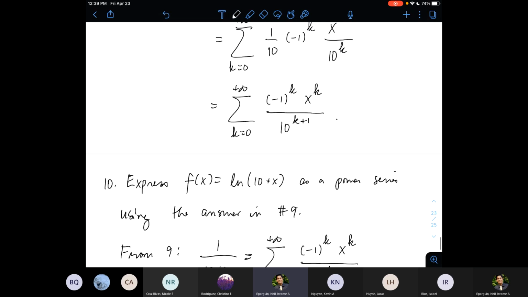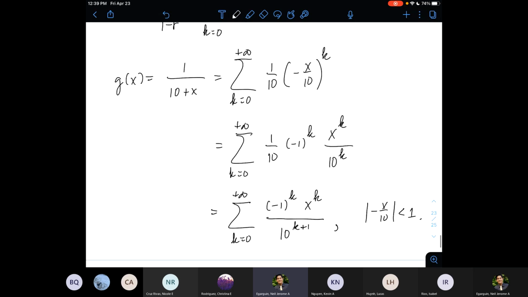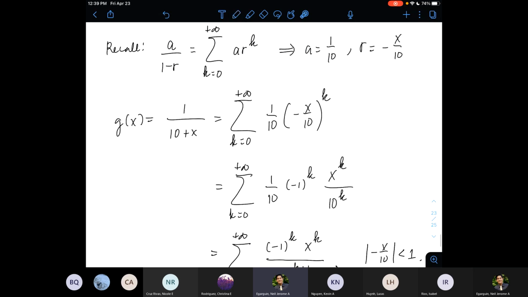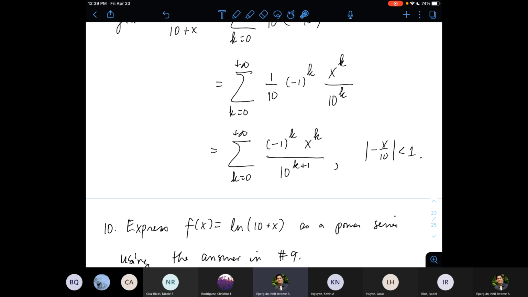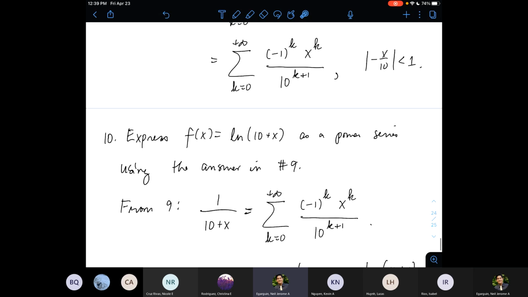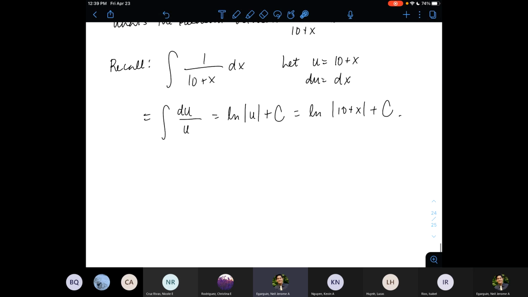But remember, hold on, this is true only whenever the absolute value of -x over 10 is less than 1. Remember, geometric series only converge when the common ratio has absolute value less than 1. So this is true only when the absolute value of x over 10 is less than 1. But what happens when this is true? Then the expression 10 plus x will be positive.